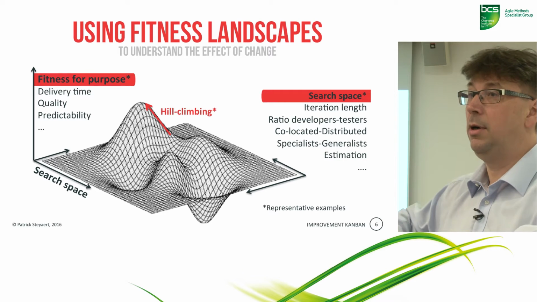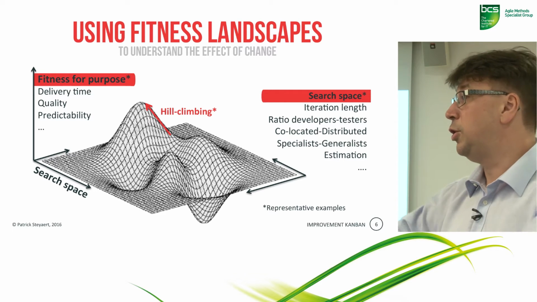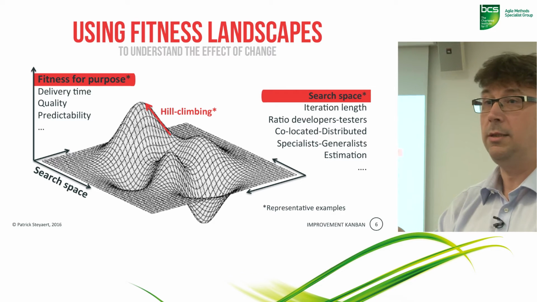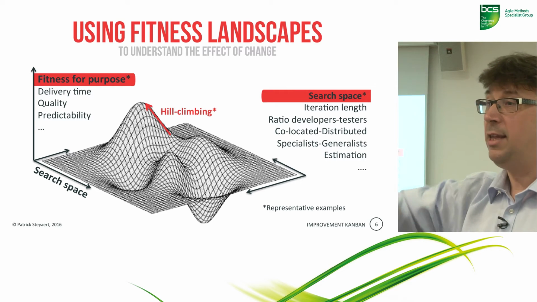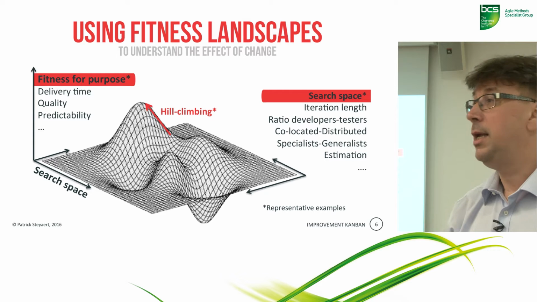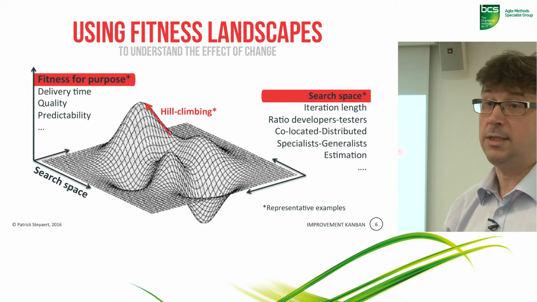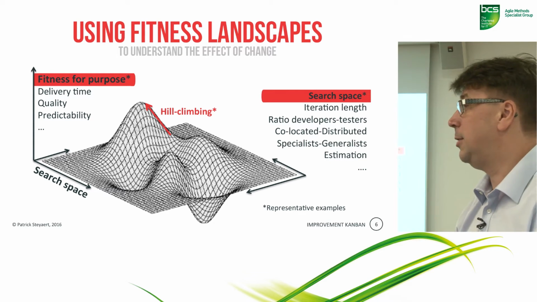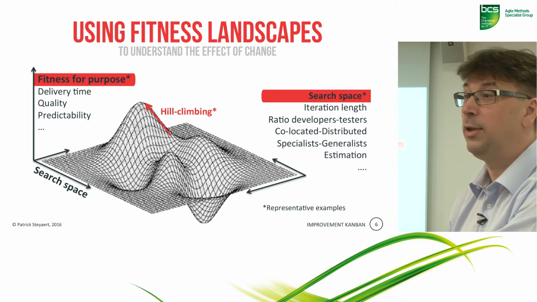The genotypes are a kind of search space, a multidimensional search space. And the fitness, which is the height of the landscape, is a representation of the reproductive success, so the fitness of a certain genotype.